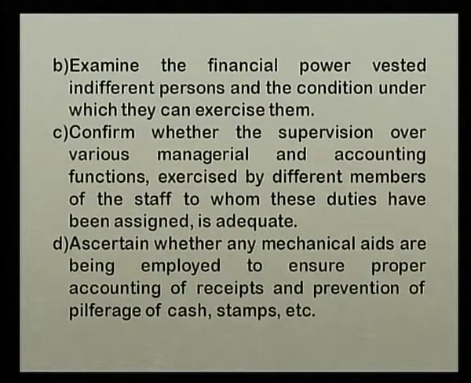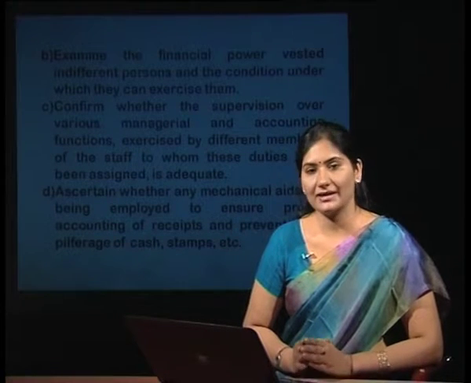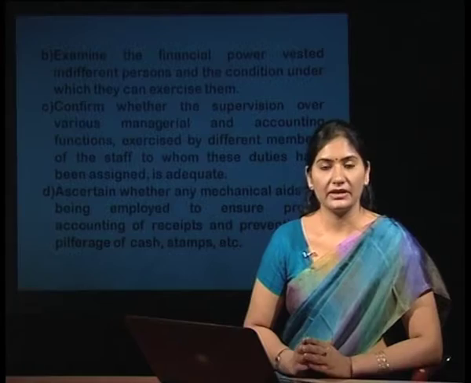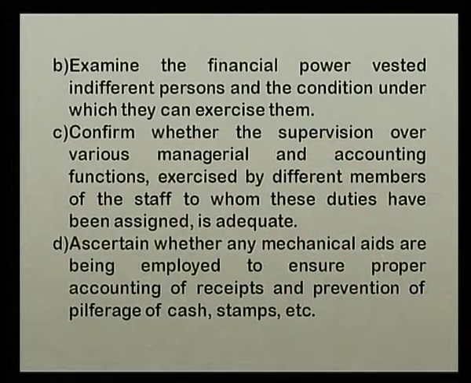The next one is to confirm whether the supervision over various managerial and accounting functions exercised by different members of the staff to whom these duties have been assigned is adequate. After these people who are managing the accounts and the cash have been given their authority regarding dealing with cash, there should be supervision over how they are doing their duties.